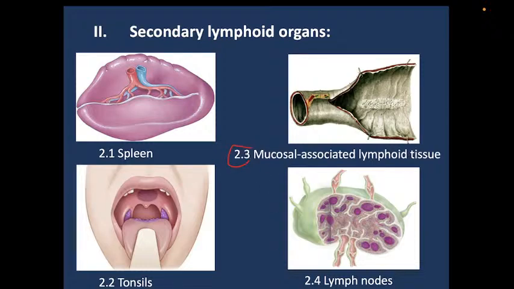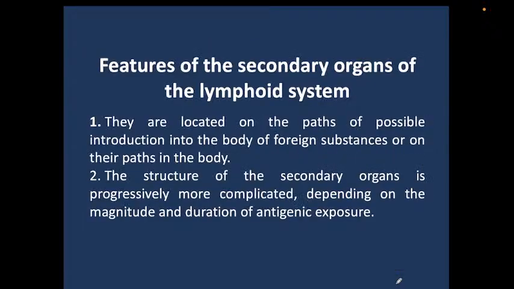And of course, the secondary lymphoid organs are lymph nodes of different sizes located in our body, between visceral organs, between the muscles, and they are also secondary lymphoid organs.